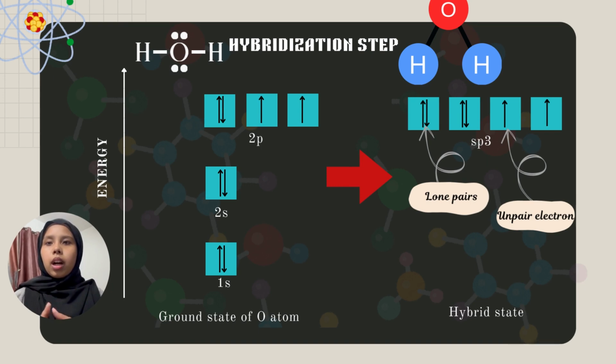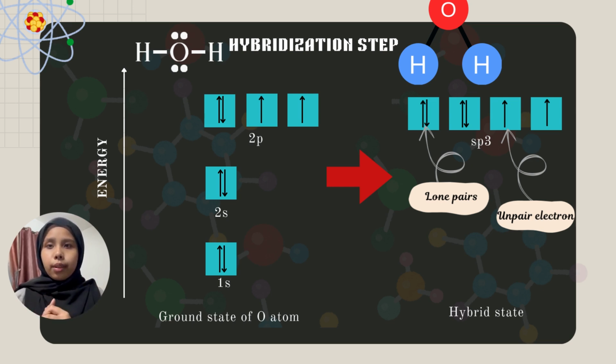I will explain how the hybridization occurs in the water molecule. On the left side, we can see the ground state of the oxygen atom. Oxygen has the electron configuration 1s2, 2s2, 2p4.